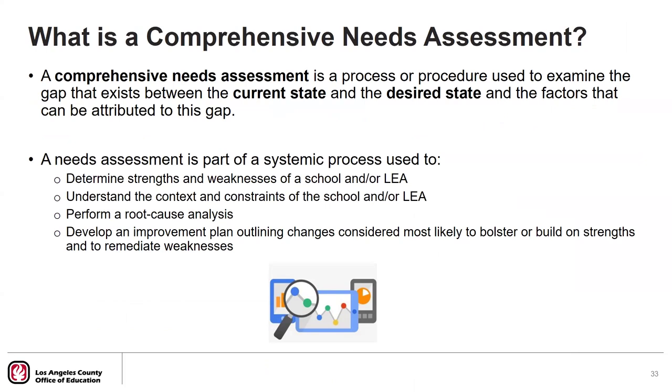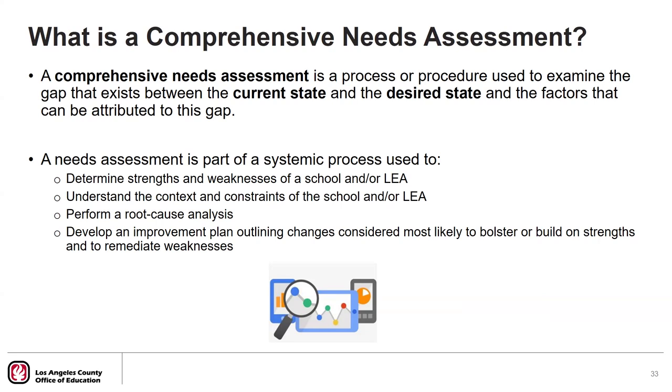Well, at its most basic, it's a process or procedure that's used to identify and address factors between current outcomes and desired outcomes. And this process must include steps to provide clarity about the current situation and then identify what's needed to achieve the desired outcomes.